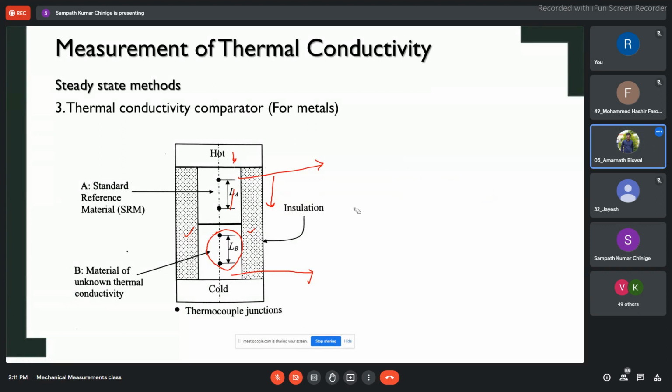Then after adding it in series, we will treat them like resistances, as we used to in electrical circuits. From the standard measurements, we know the resistance of the reference material. Then we add the second material of unknown conductivity.